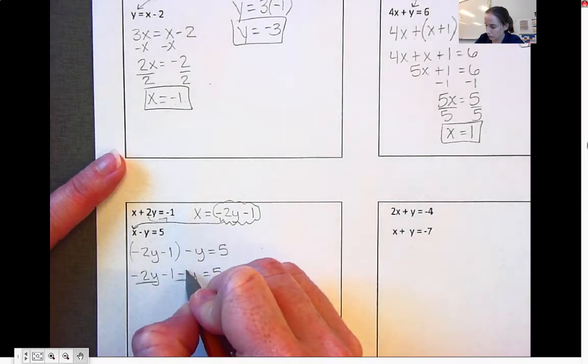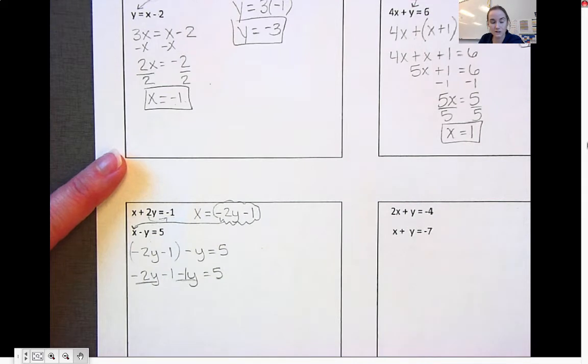This negative y is understood to be negative 1y. So we have negative 3y minus 1 equals 5. Move the 1 over. Negative 3y equals 6, and divide by negative 3. And therefore y equals negative 2.